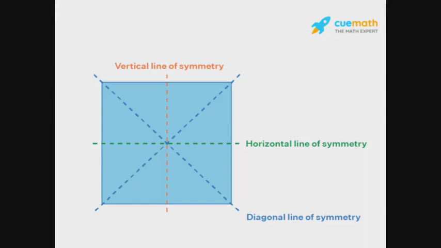The orange dotted line here is the vertical line of symmetry, while the green dotted line that cuts from left to right is called the horizontal line of symmetry, while the diagonal line cuts from the northwest to the southeast of this shape. So the diagonal line cuts exactly equal parts between the vertical and the horizontal lines of symmetry.